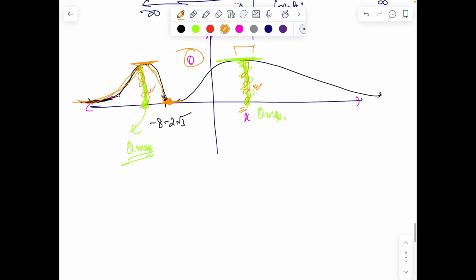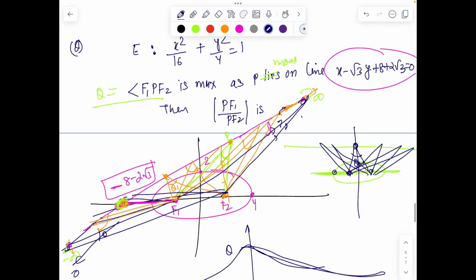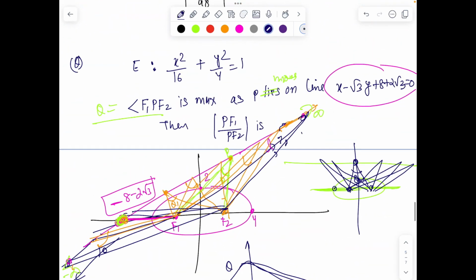Now, till now I've not done any solutions, right? So one way of solving this question is to directly take a parametric point on the line in terms of t. So if x is t, y will be this one, not too bad to handle. And now we know the slopes of f1p and f2p.